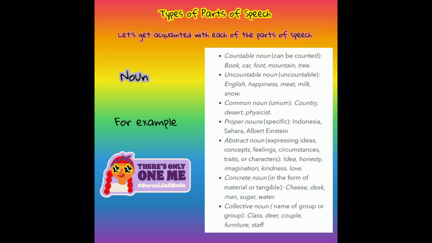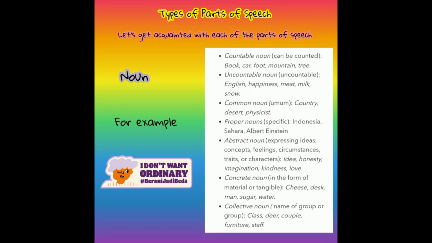Concrete nouns, in the form of material or tangible things: cheese, desk, man, sugar, water. Collective nouns, the name of a group: class, deer, couple, furniture, stuff.